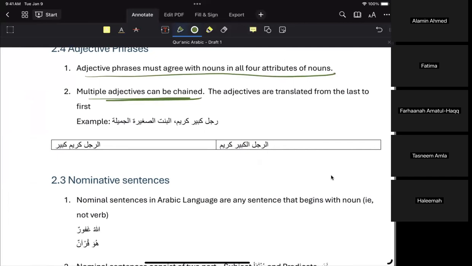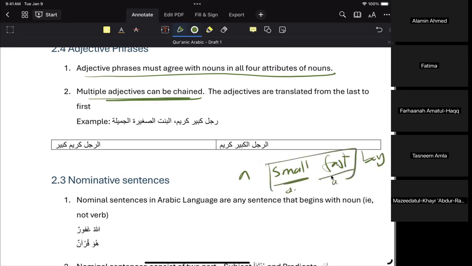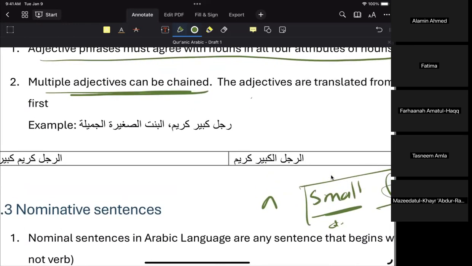For example, I can say a small, fast boy. Now, as you can see, small is an adjective and fast is also an adjective. So you can chain them, okay? So the way you do in Arabic, the rule stays the same.